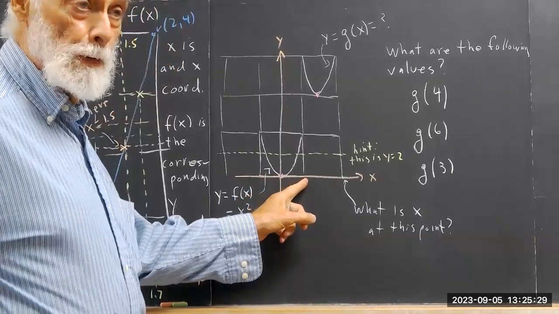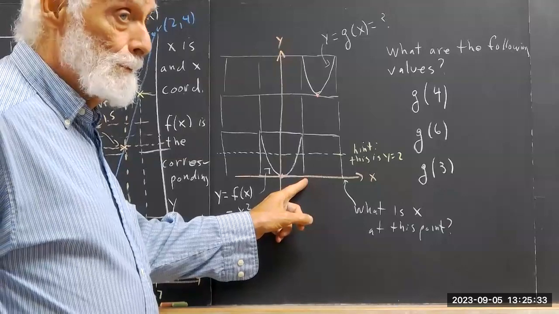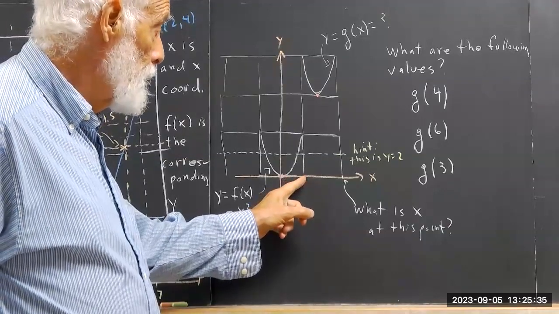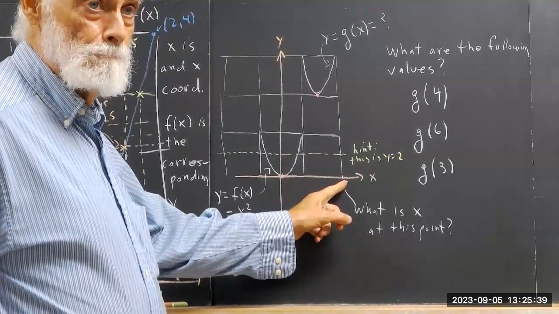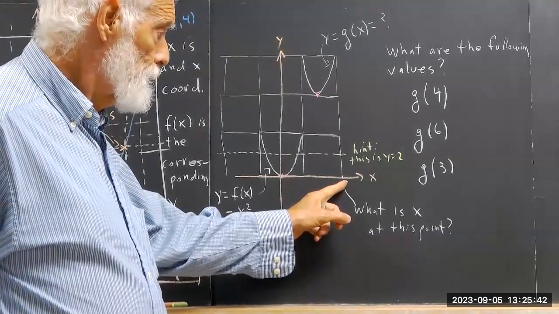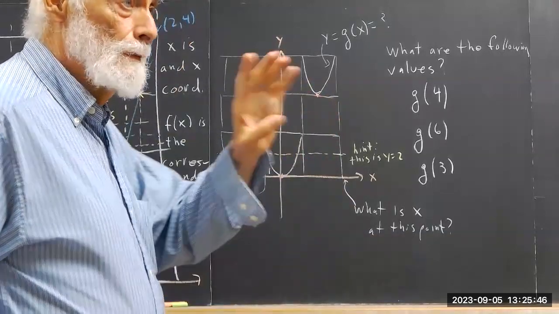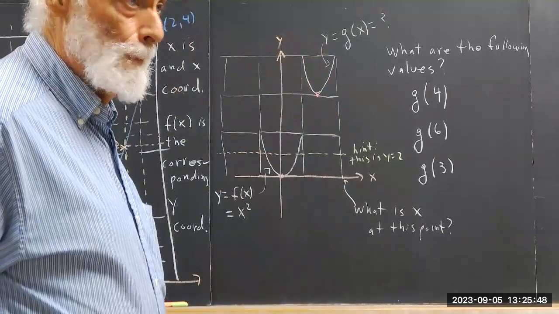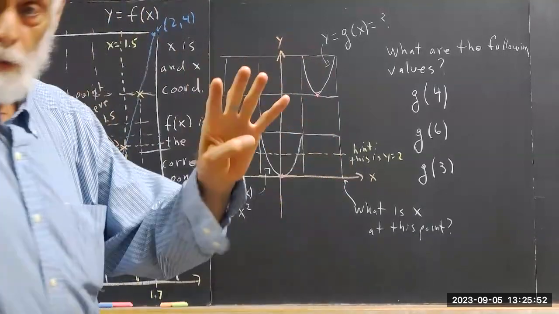Show me with your fingers. Everybody. Hey. How far is it from here to here? Show me with your fingers. How big is this square? It's 4 by 4, right? So how far is it from here to here? 4 units.